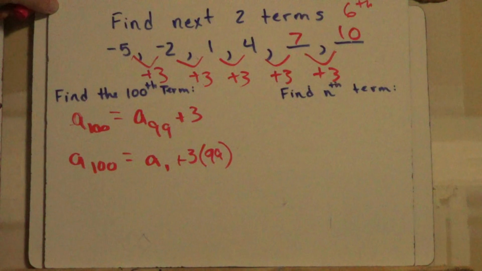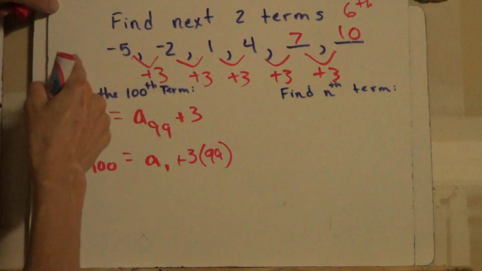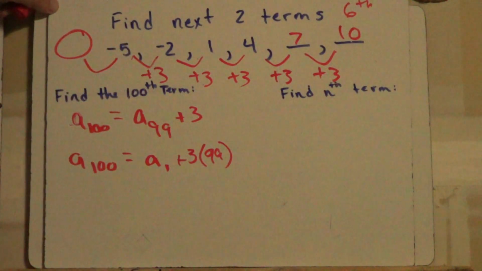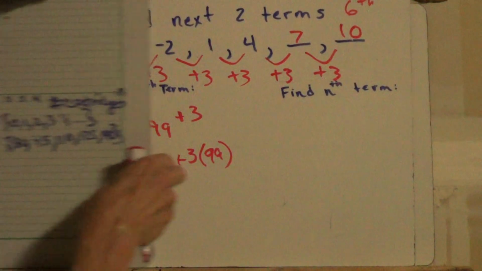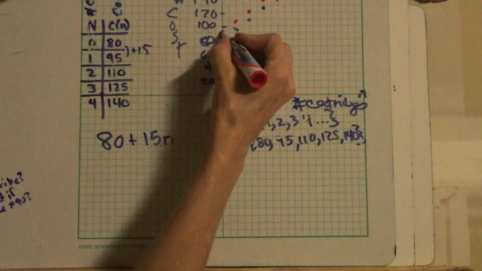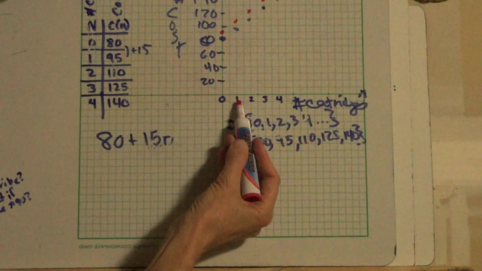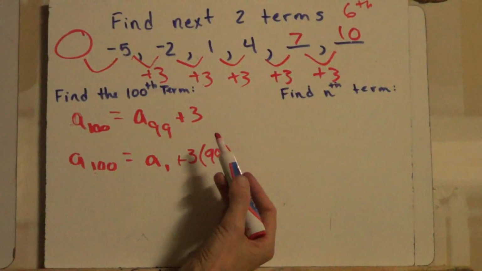Now there's one more direction we went with it. We said, well, let's turn this into a complete function. And we went back this direction to the 0th term, because functions go to the 0th term so that you can locate your y-axis. That would be your 0th term. Here's your first term. So we'd like to go back to the 0th term.